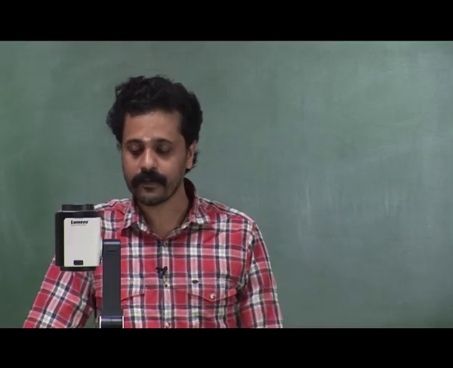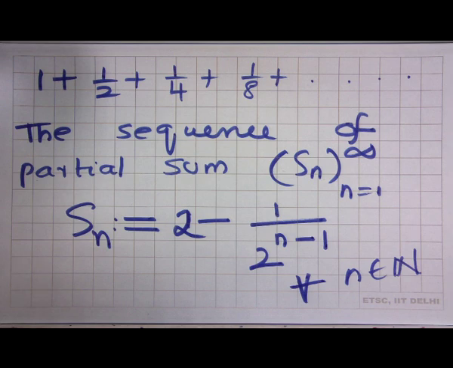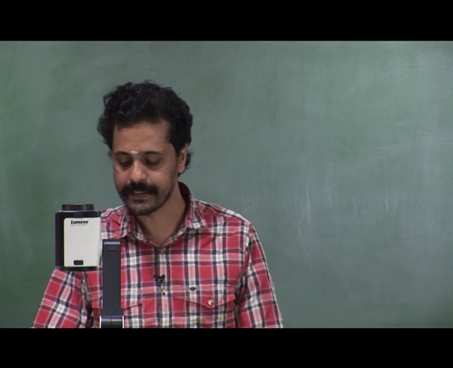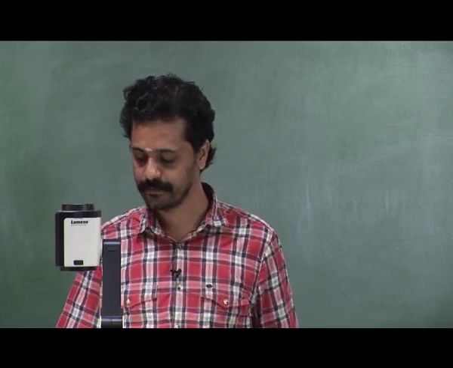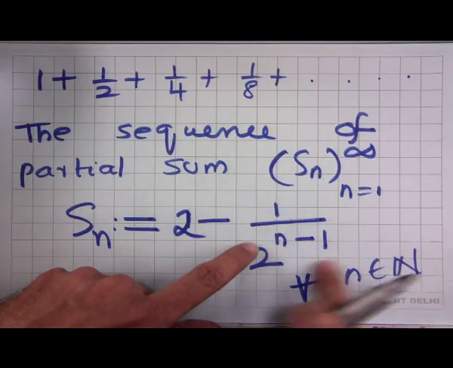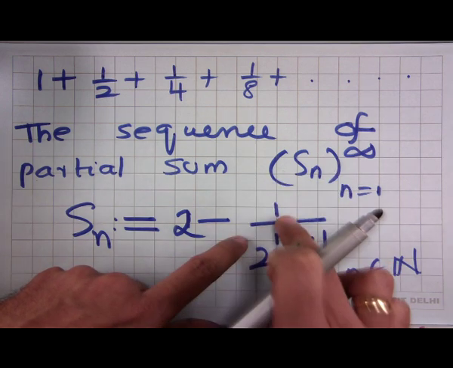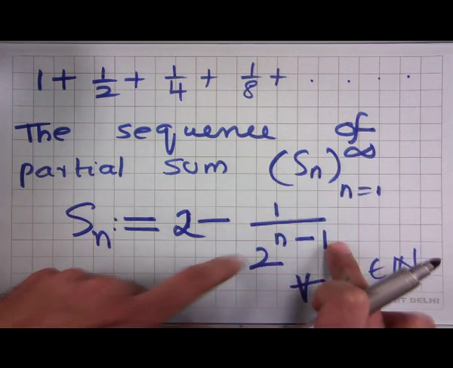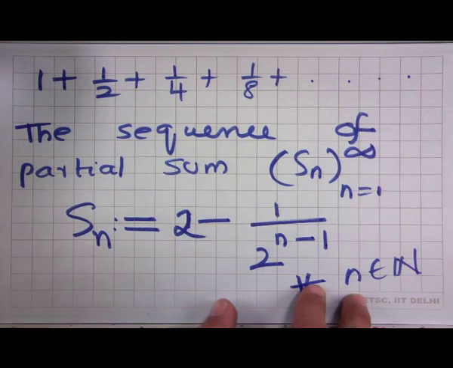Observing this sequence of partial sums S1, S2, S3 and so on, it is not hard to see that as n increases, terms of the sequence Sn become close to 2, because as n increases, this n minus 1 is a large value. So, 1 by 2 power a large value goes to 0.